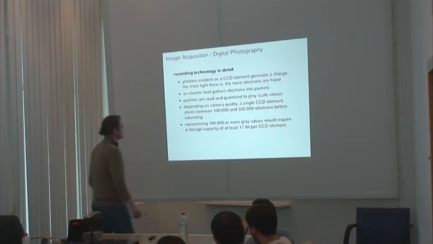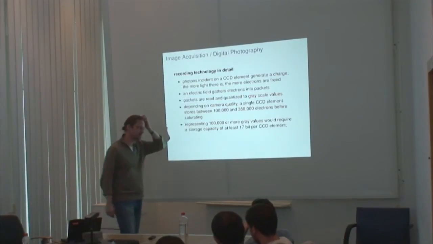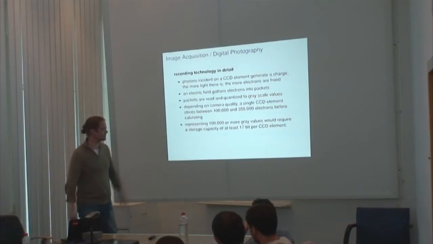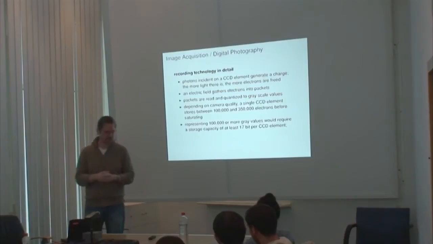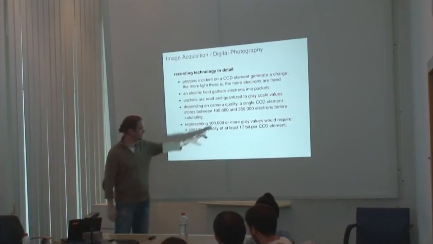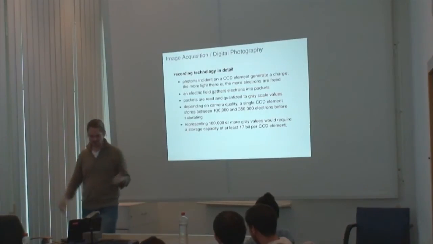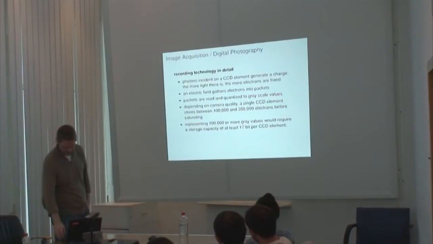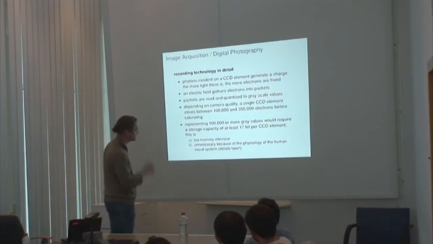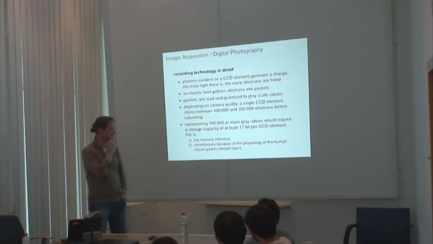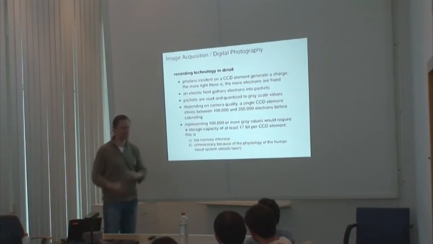We would want to represent the fact that we can have between 0 and 100,000 numbers per CCD element. We would have to have a storage capacity of 17 bits per CCD element. And that is not feasible as of today. It is too memory intensive.